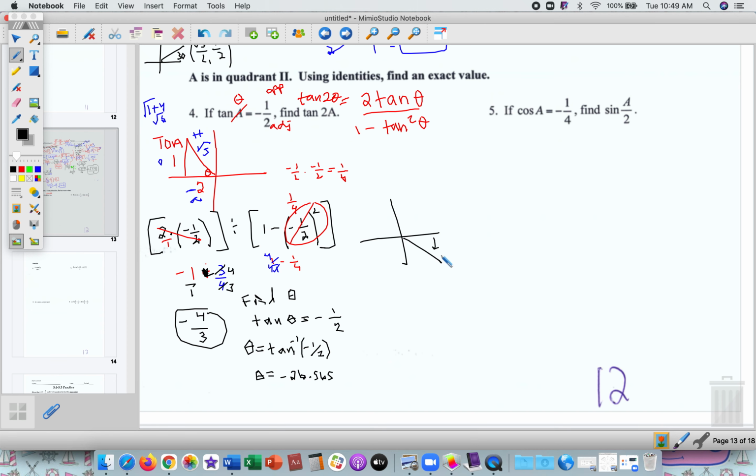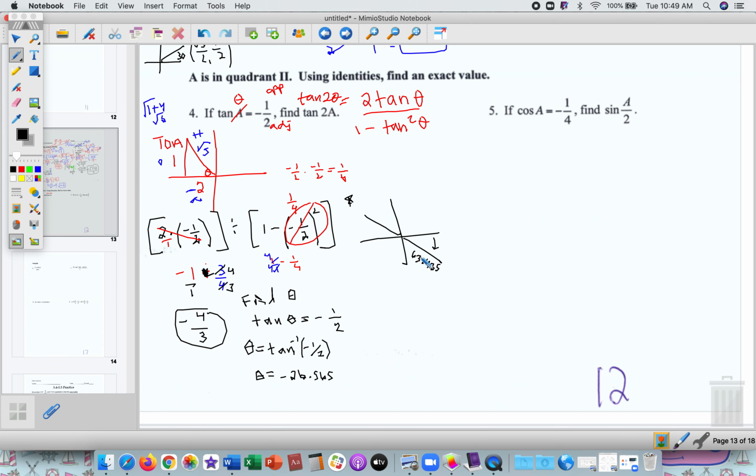Now that is over here, right? Negative 26.56. So if this little sliver is 26.56, if you do 90 minus 26.56, you'll get 63.435. And we need to keep coming up until we reflect into quadrant 2, because they tell us that our angle, our theta, is in quadrant 2.